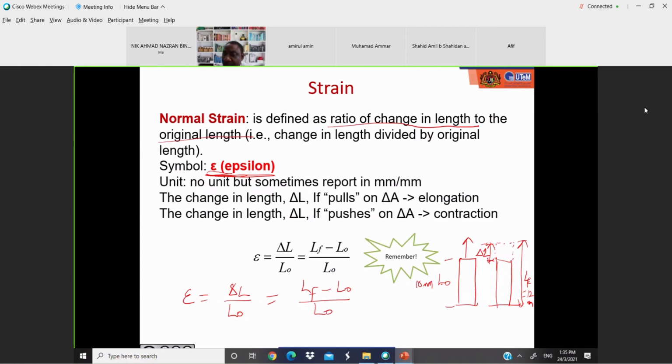And this is 12. What will be my delta L? 2. Okay, so my delta L is 2 mm. Now let's calculate our strain. So from here, my normal strain will be 2 mm divided by 10 mm.